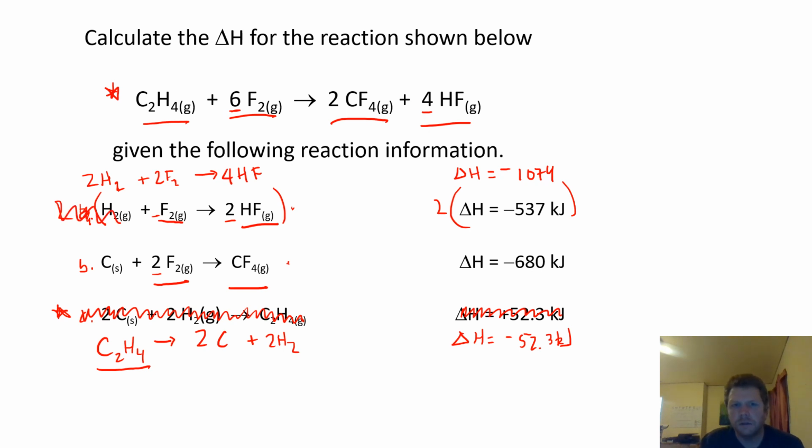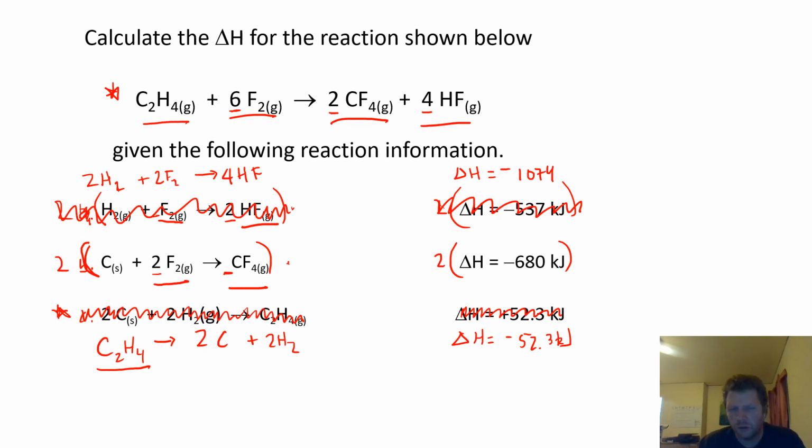Okay, again, I can scribble this out. I do not need to worry about that reaction. Now, my last reaction is C plus 2F2 yields CF4. My CF4, my product here, I need a coefficient of 2 in front of that. So again, I can take my reaction and my delta H value and multiply these by 2.